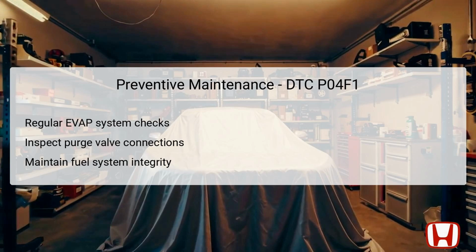Ensuring the integrity of the fuel system is also crucial. This includes checking for leaks or obstructions that could impact vapor flow. Finally, maintain regular service intervals that include diagnostics for the emission system, which can safeguard both vehicle performance and compliance with emissions regulations.